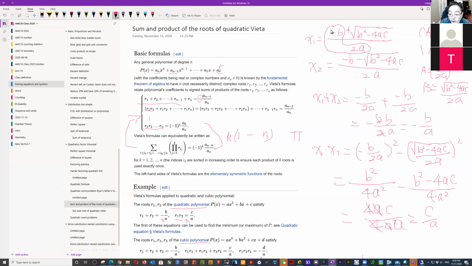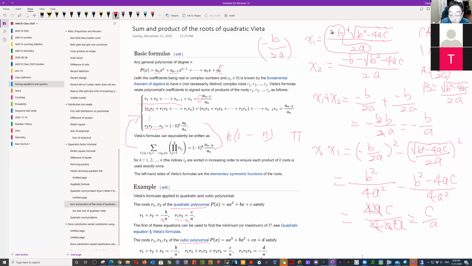So that's going to be negative b over 2a. Negative b over 2a is actually the double root. Sometimes this part is 0, you have a double root. If you have a double root, that's going to be this case.